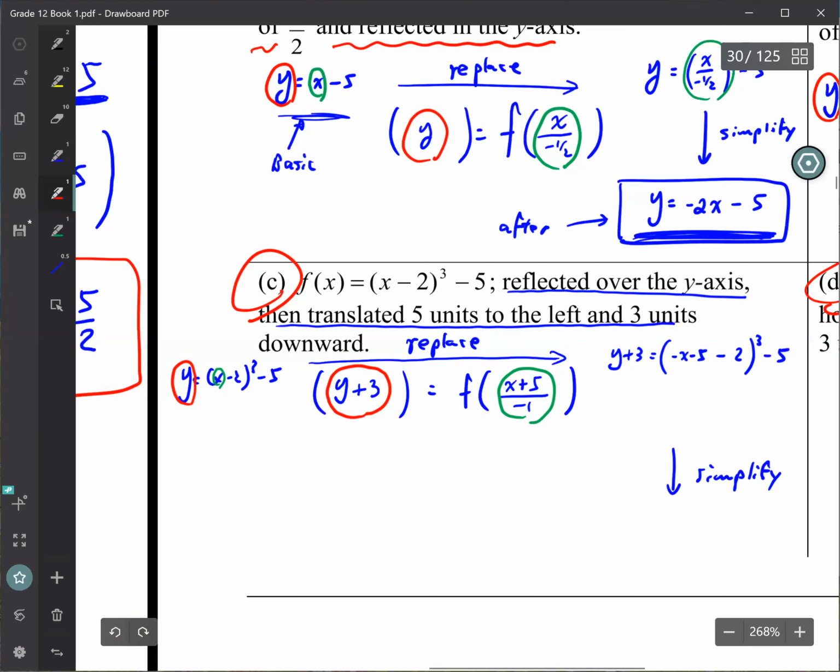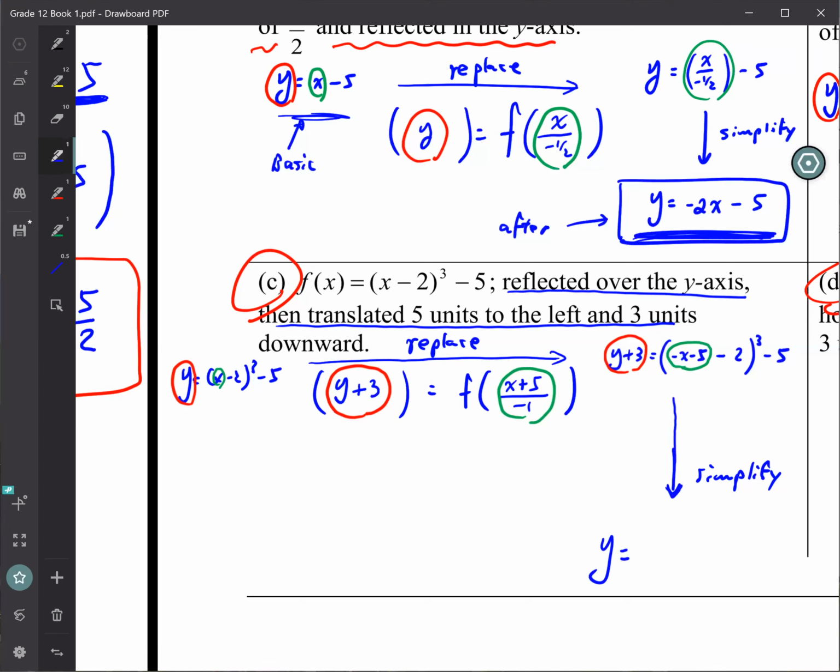So here's the red, and here's the green. Then we need to simplify this. If you have this part blank, please write this out. Once you get the answer, after simplifying means you need to leave your answer as y equals. Please raise your hand if you have a final answer.